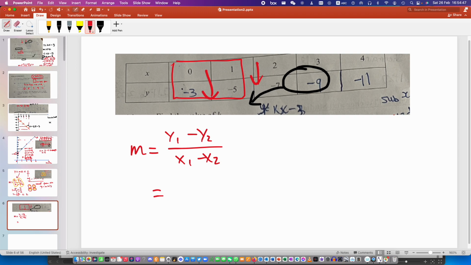This is your x value, right? 0 and 1. This is your y value, right? Write down. This is your x1, this is your x2, this is your y1, this is your y2. By the way, it's very easy. If you choose this as your x1, this has to be your y1. This is your x2, this has to be your y2. So x1 and y1 means the first pair of x and y, and x2 and y2 means the second pair of x and y.